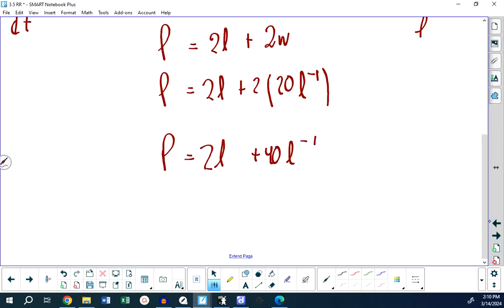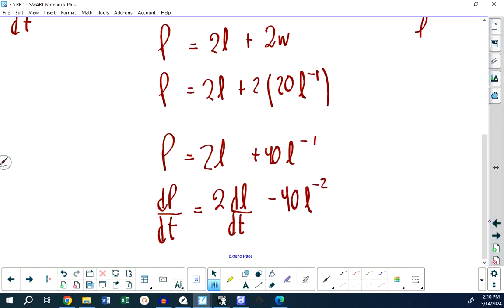So I'm finding dp/dt. I'm differentiating everything with respect to t. This is equal to 2 dl/dt minus 40 L to the negative 2 dl/dt.